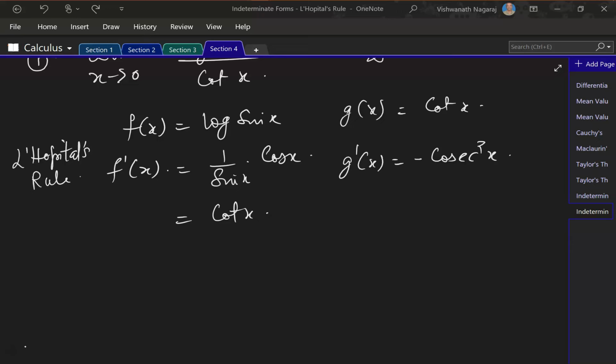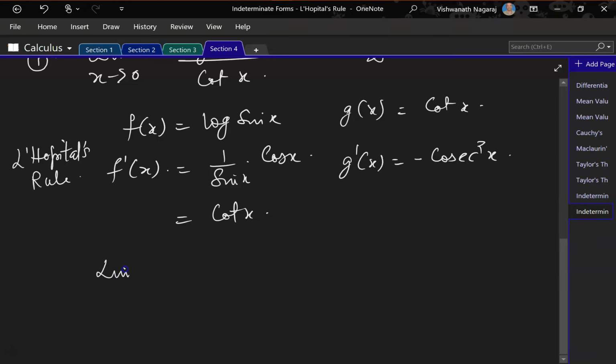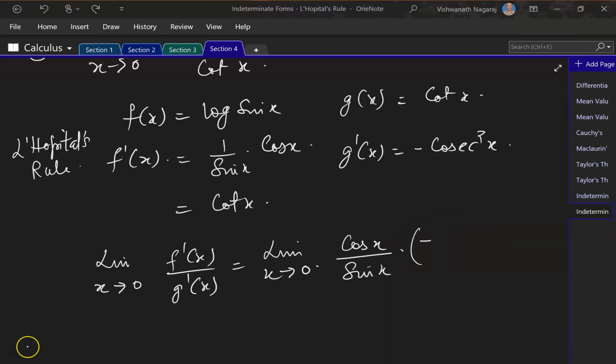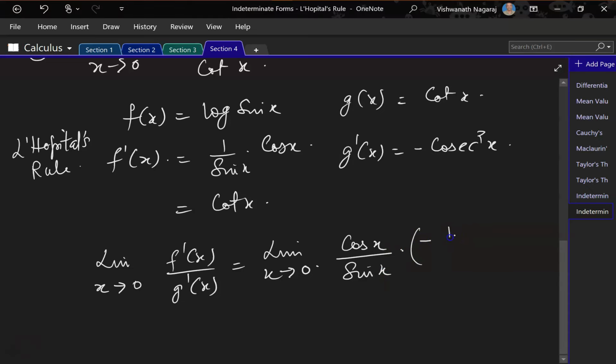So let's change the form. Let's take limit as x approaches 0 of f prime of x by g prime of x, which is equal to limit as x approaches 0 of cot x, which is cos x by sin x, times minus cosec square, which is 1 by sin square x.